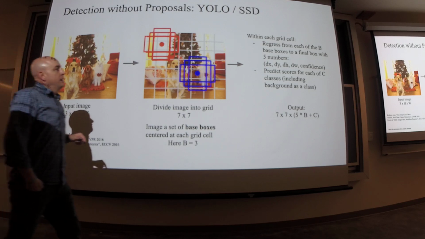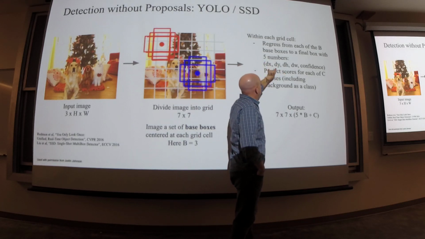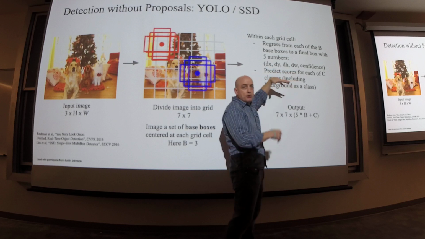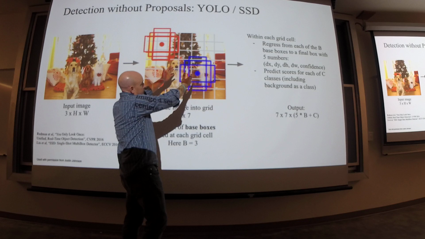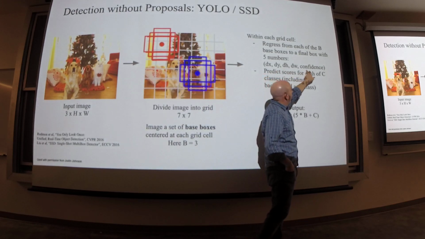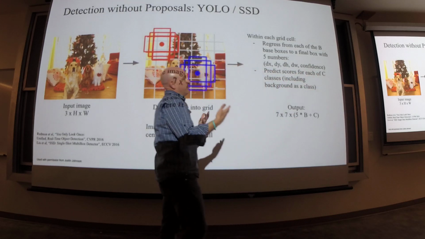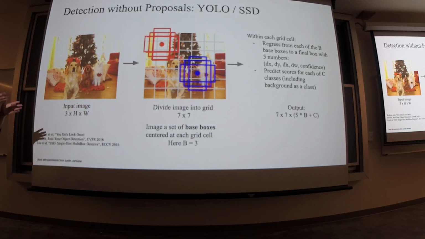So you learn how, starting with that bounding box, you ought to change each of the coordinates to put an object in there, and you have some sort of column, usually the probability associated with that class being in there. This allows you to learn to create these bounding boxes in a much faster way.